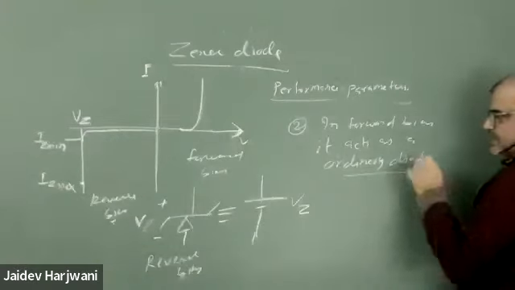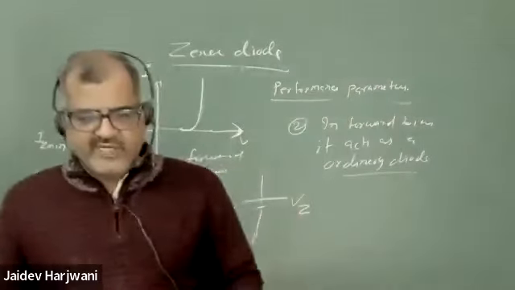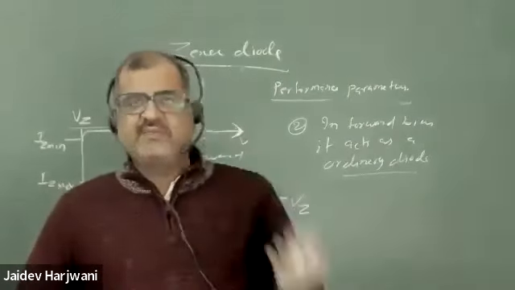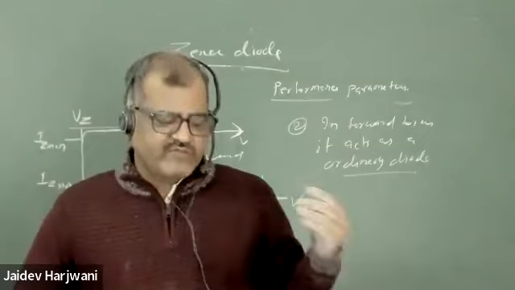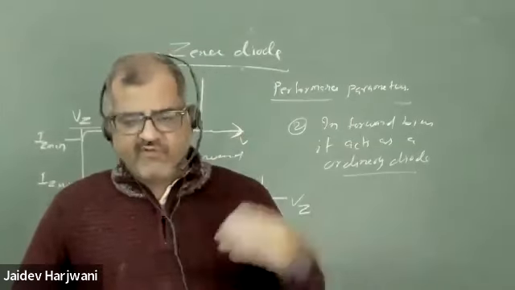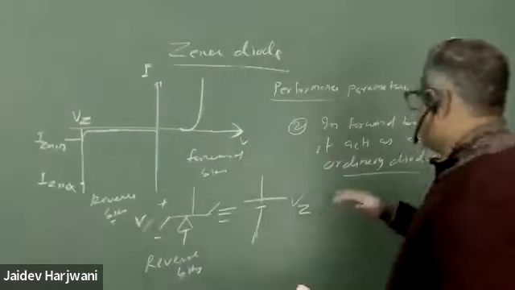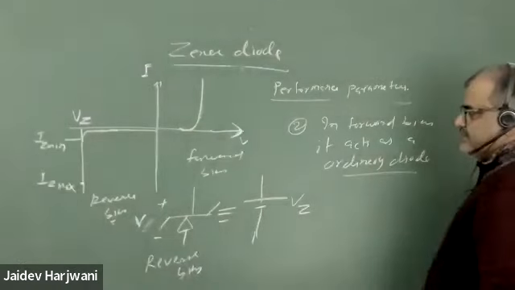The voltage will be given. Either it will be like an ideal diode, so the voltage drop will be 0, or some cutoff voltage will be given in forward bias, like 0.6 or 0.3.